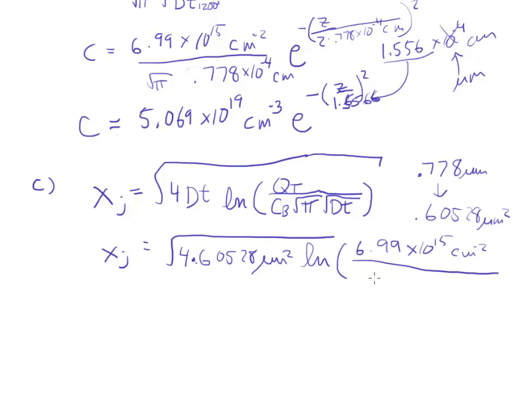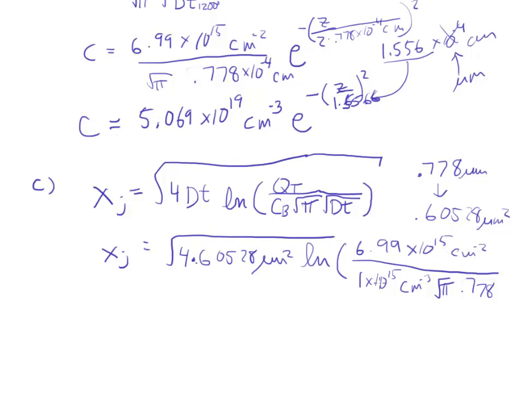And the Cb, remember, is given as the initial dopant in the wafer, 1 times 10 to the 15th per cubic centimeter of the p-type. And then we have the square root of pi, and 0.778 microns.